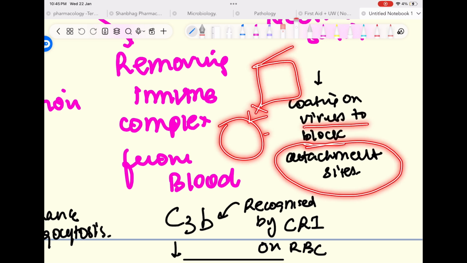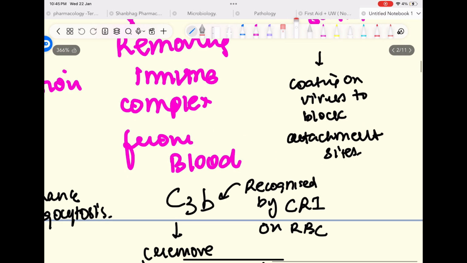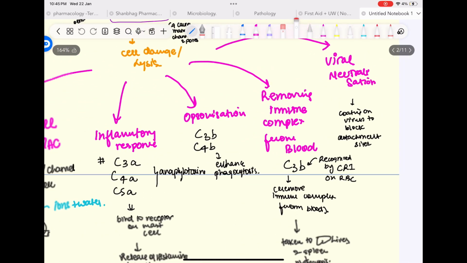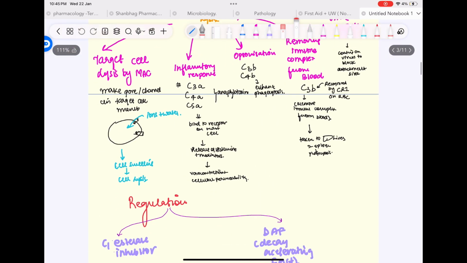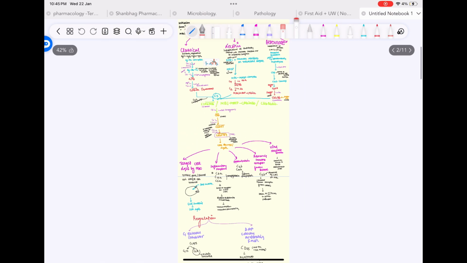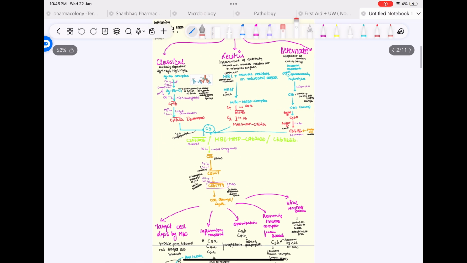Now, if the gates of a door, if a room are closed, how can you enter it? In a similar way, if the attachment sites are being blocked, then there is no way that you can enter into the cell or the nuclear material can come out. This is the classical pathway.